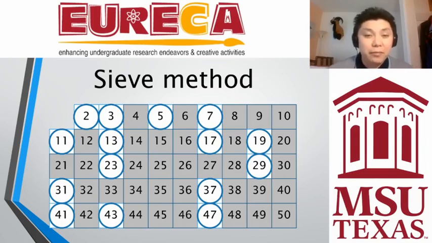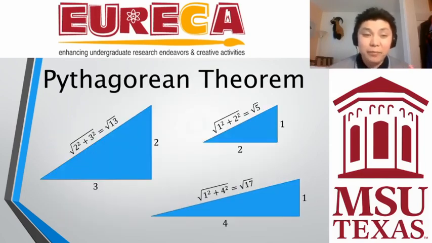Now, my algorithm has a totally different approach. How did I come up with it? I start with the Pythagorean theorem. When you look at the smallest right triangle in this slide, you'll see that it has integer sides 1 and 2. And the hypotenuse of this right triangle is the square root of 1 squared plus 2 squared, which is 5, so it's the square root of 5.